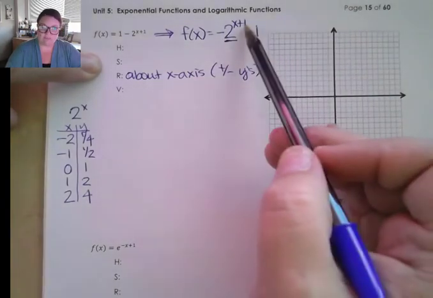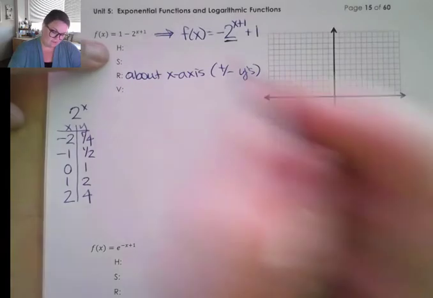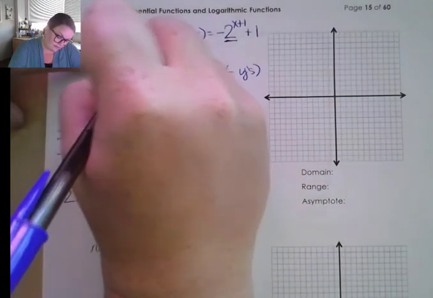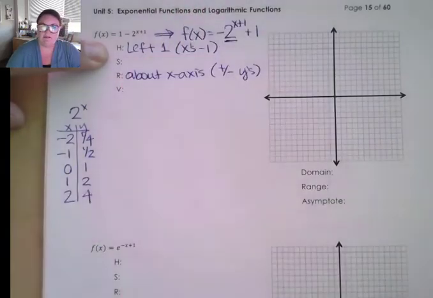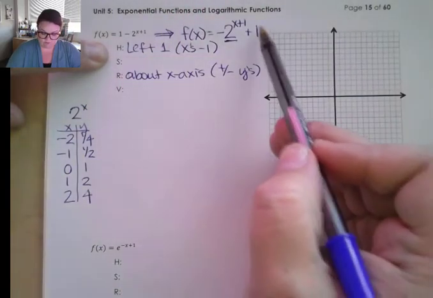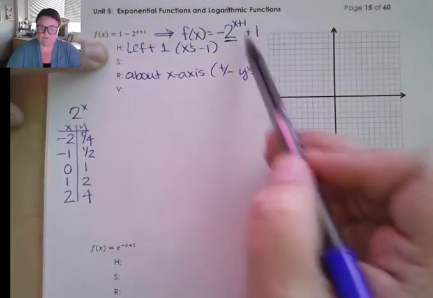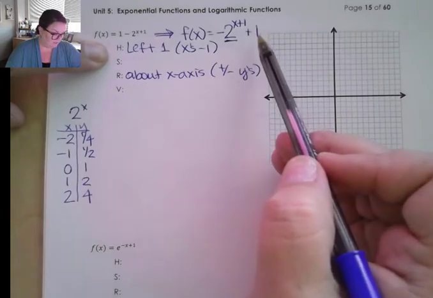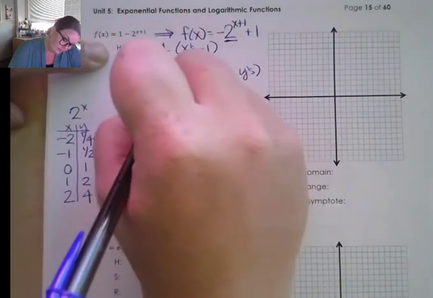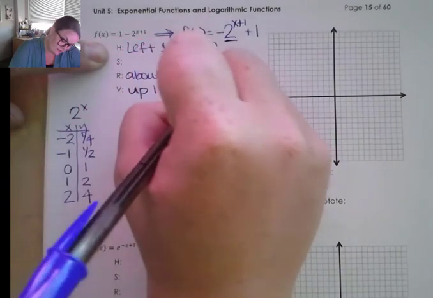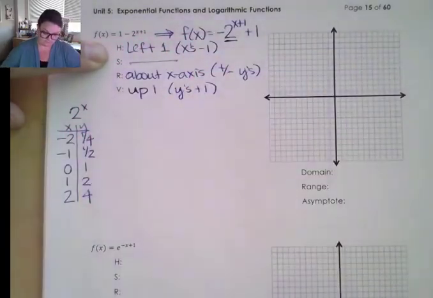Okay. The +1 up in the exponent is going to be a horizontal shift to the left 1. So we're going to take our x's and subtract 1. And then the +1 out here is going to move us vertically up 1. So we take our y's and we add 1.